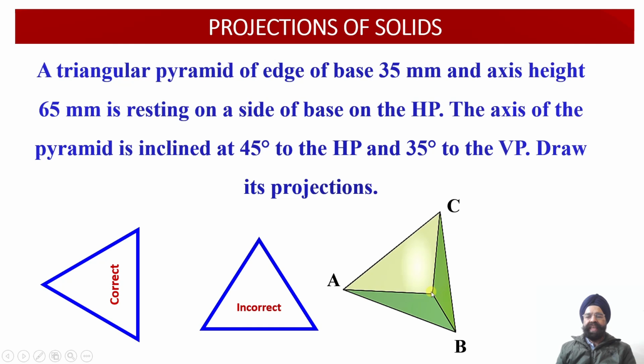So here this is the apex of the triangular pyramid, and A, B and C are the three corners of the base, and these are the three edges AB, BC and CA over here.